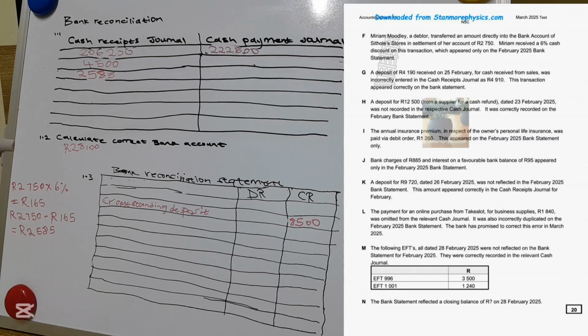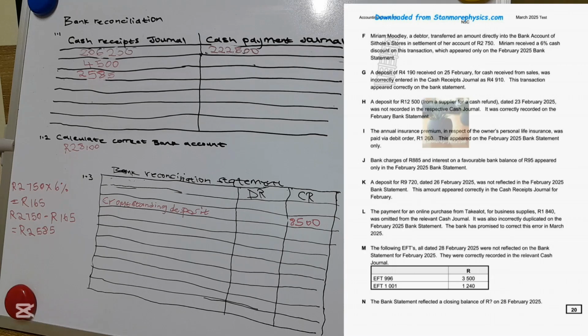So now we go to number G. A deposit of 4,190 received on 25 February for cash received from sales was incorrectly entered in the cash receipt journal as 4,910. Here you need to be careful.